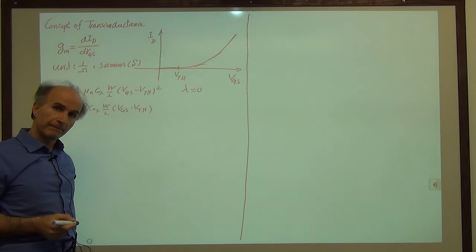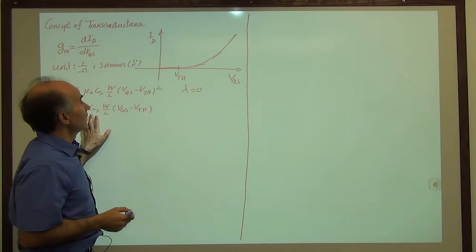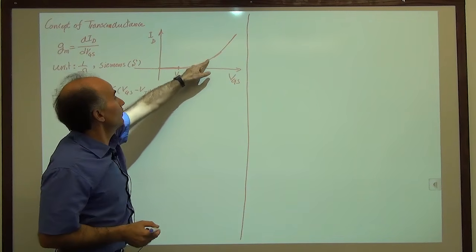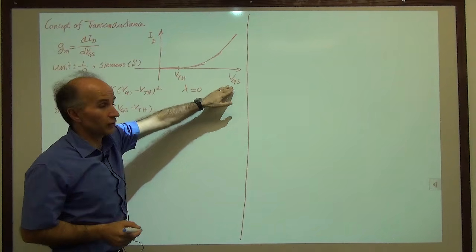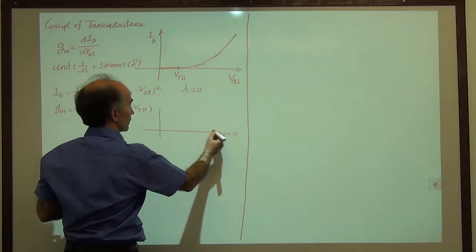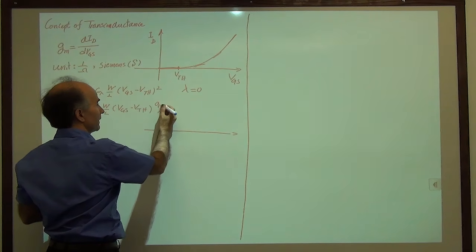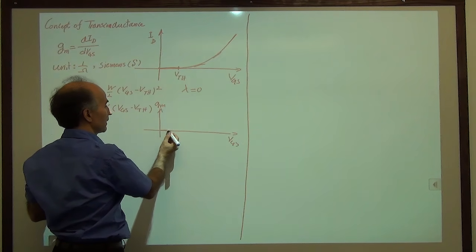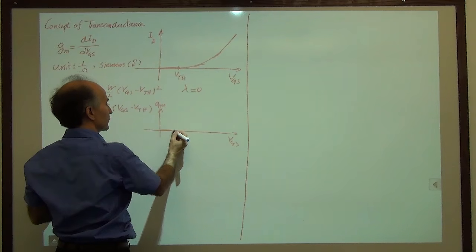That's very simple. This just tells us how the slope varies, right? If you were to plot the slope of this characteristic as a function of VGS, what would you get? Well, it says this. Over here, GM is 0, no slope, up to VTH.